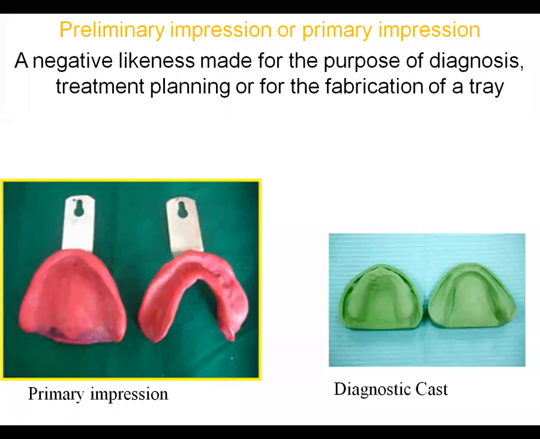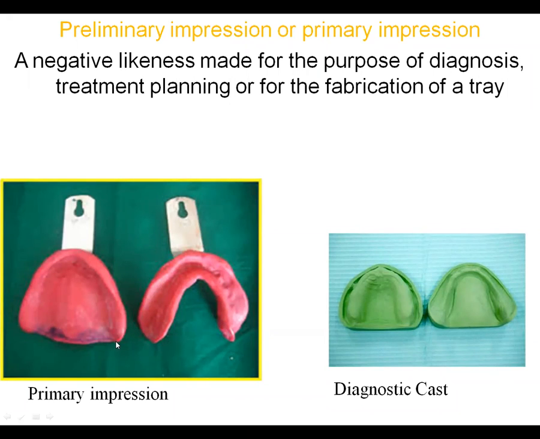So what you are seeing in primary impression, see all borders are round. All these borders are nothing but your vestibule, or peripheral structures, meaning this border area is recorded well.